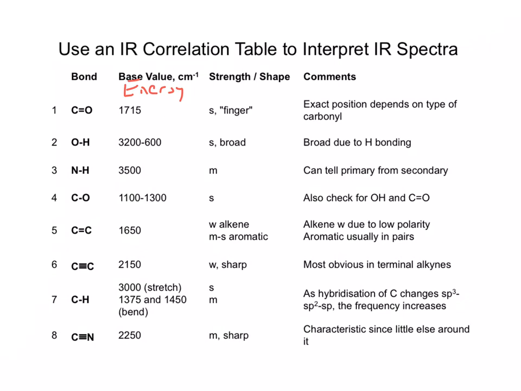So the higher the number, the more energy required to stretch or bend that bond. Note a carbon-oxygen double bond requires more energy to stretch than a carbon-oxygen single bond, and a carbon-carbon double bond requires less energy to stretch than a carbon-carbon triple bond.